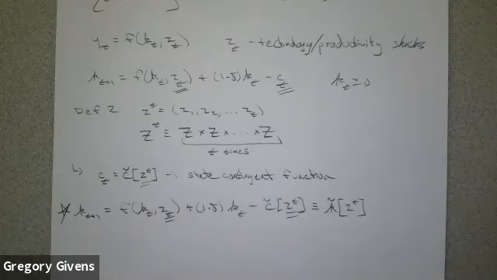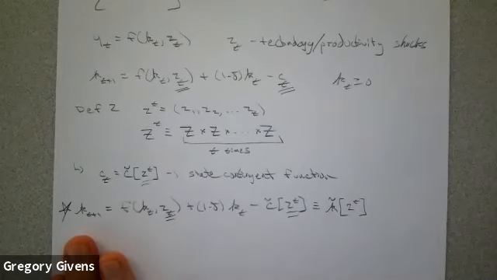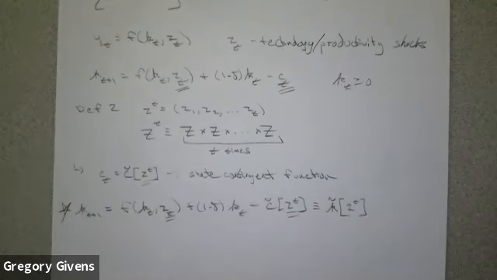However, Kt plus 1 is predetermined in period t. So the planner's consumption decision in period t therefore determines what the capital stock is going to be in period t plus 1. So Kt plus 1 is not a function of Zt plus 1. It's a function of Zt and everything that preceded it.